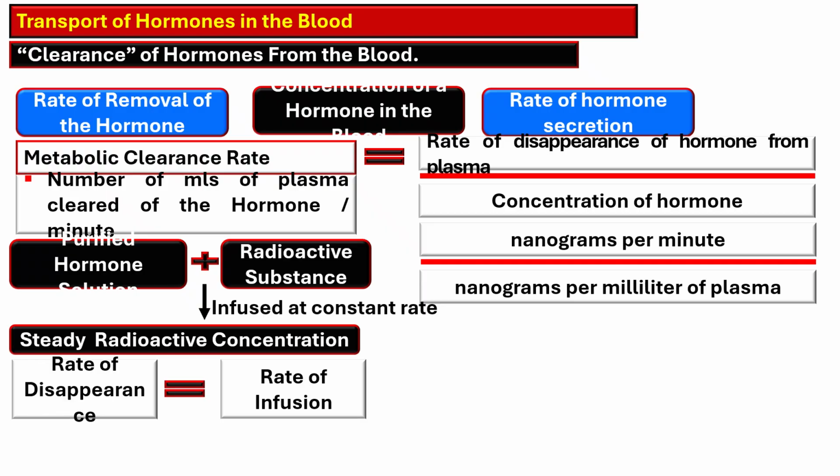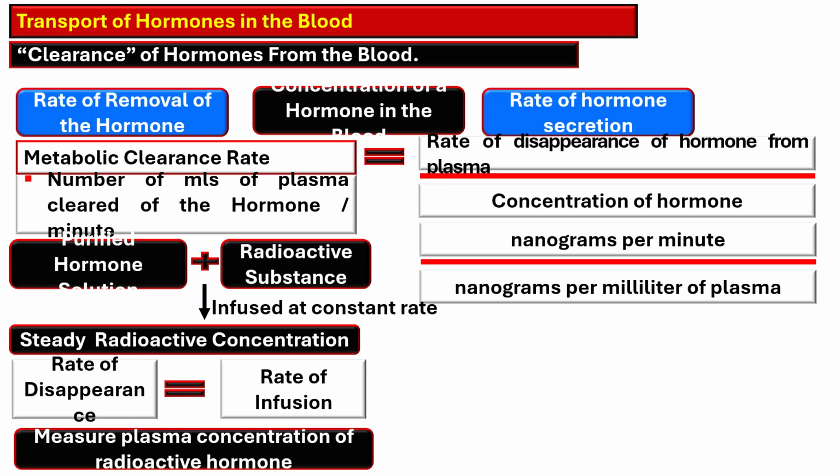When the rate of disappearance is equal to the rate of infusion, it means there is a steady radioactive concentration. The plasma concentration of the radioactive substance is then measured, in nanogram per ml of plasma.